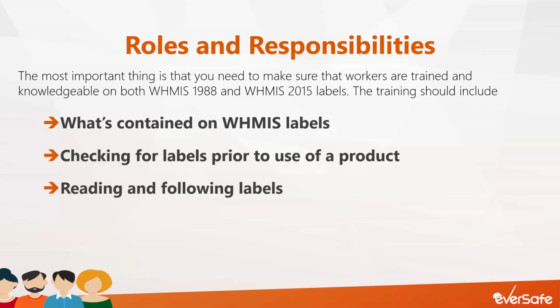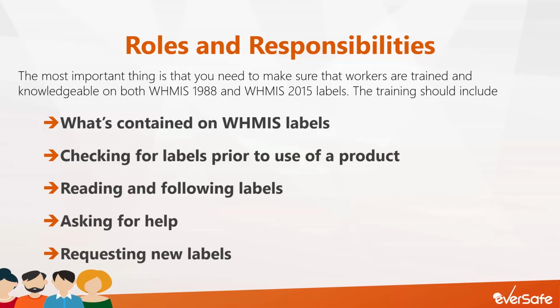They also need to be advised that they should actually read and follow all the information on the label. They need to know that if they don't understand the hazards associated with a product or how to protect themselves, they need to ask their supervisor immediately and not use the product. They also need to be told that they're required to request new labels whenever old ones are unreadable or do not exist.